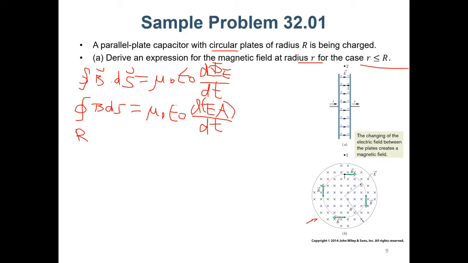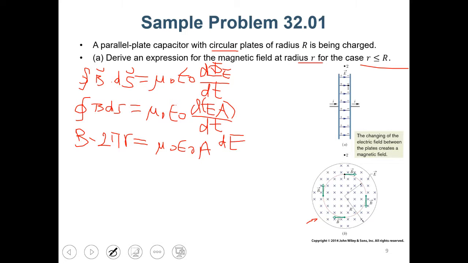On the left side, it is B times 2 pi r. And on the right side, mu 0 epsilon 0, A is a constant, so we can factor it out and dE/dt is left inside the derivative. And actually, A is pi r squared.